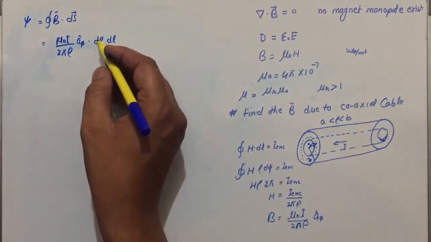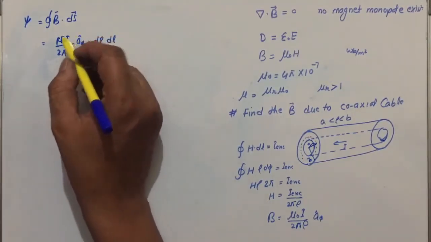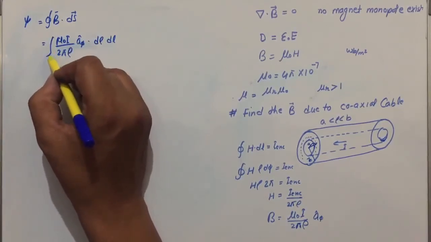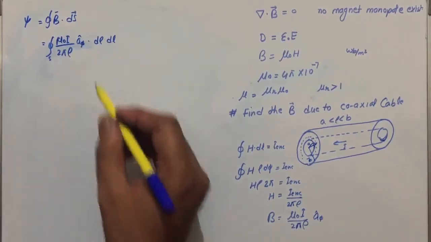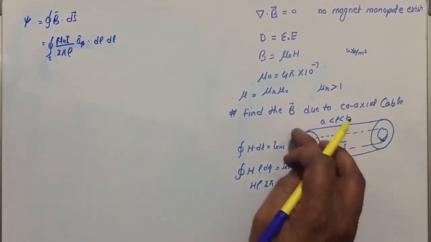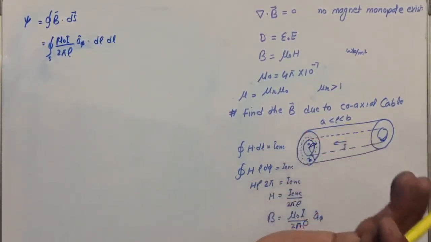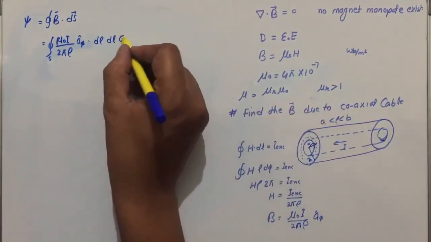So from here it will be a surface integral. The area vector will be in the direction of the curling of the fingers, that will be in the direction of A phi.